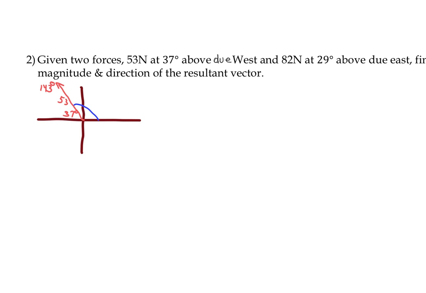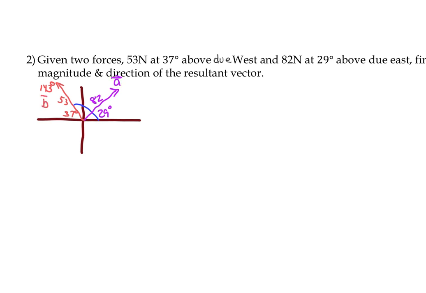And then the next one says that it's 82 newtons at 29 degrees. And that one's good because that comes from the 0. Let's call this vector A. I'm just random on what I'm calling it.